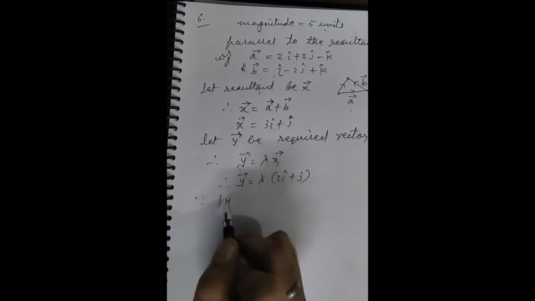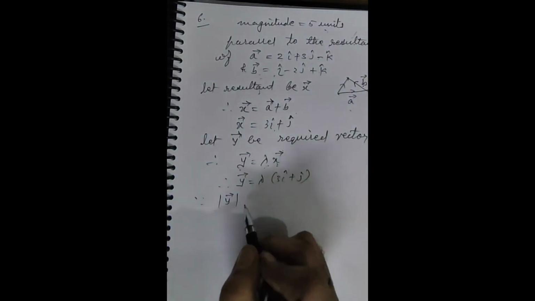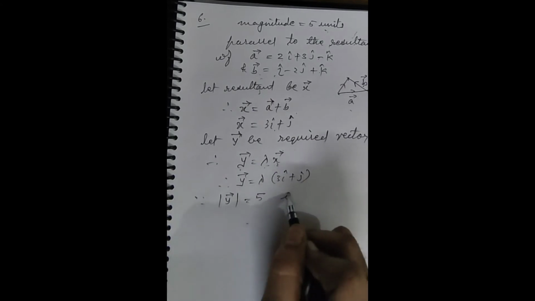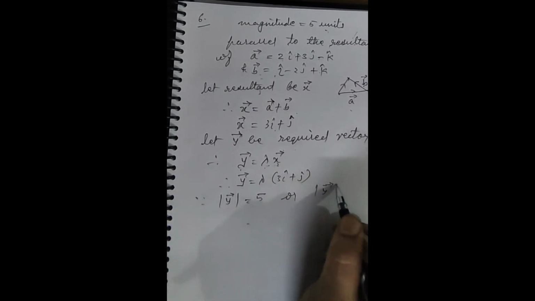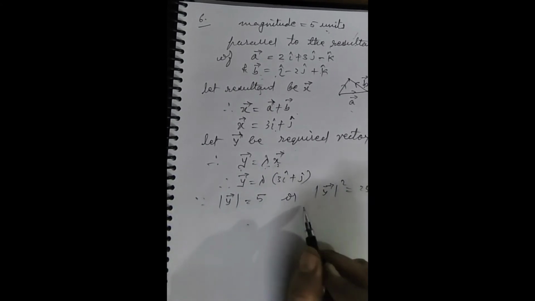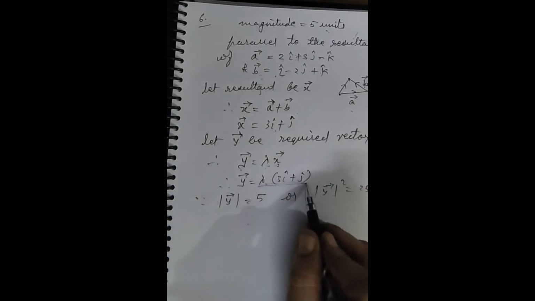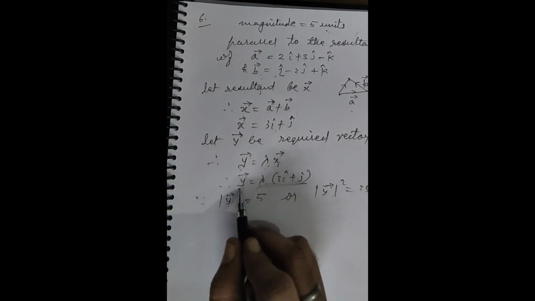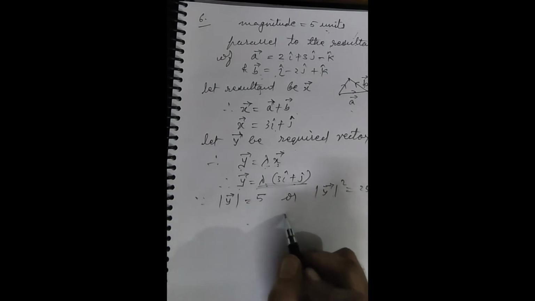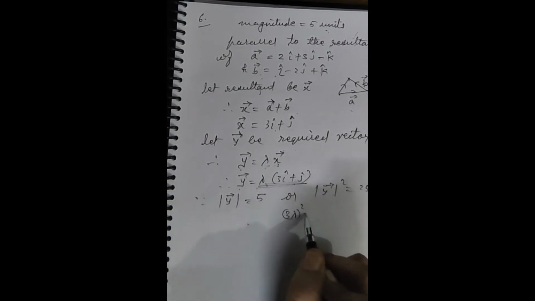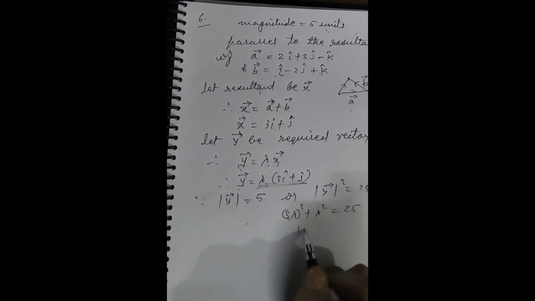Since the magnitude of y is given as 5, or we can say its square is 25, we can obtain this from the value of the y vector in terms of lambda as 3 lambda square plus lambda square equal to 25. It comes 10 lambda square equal to 25.